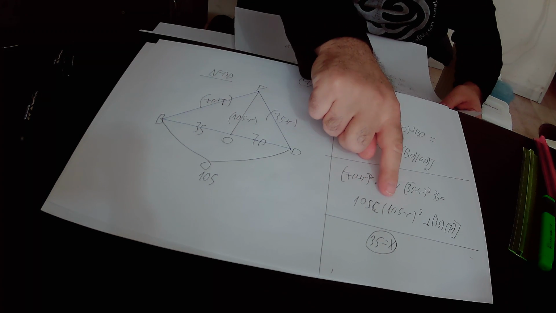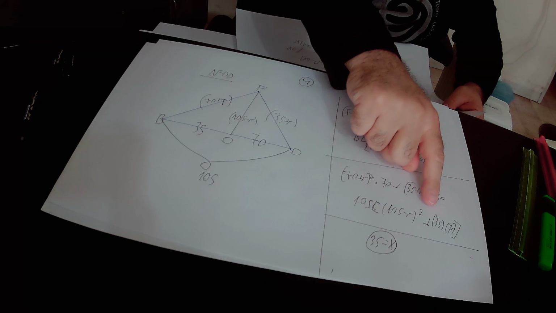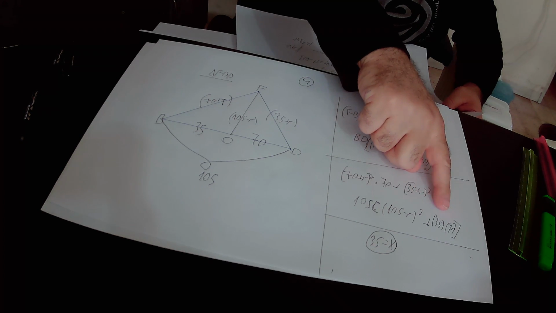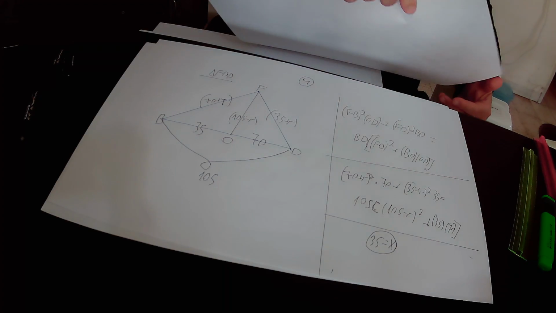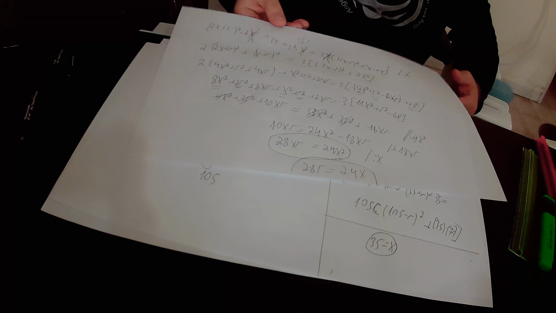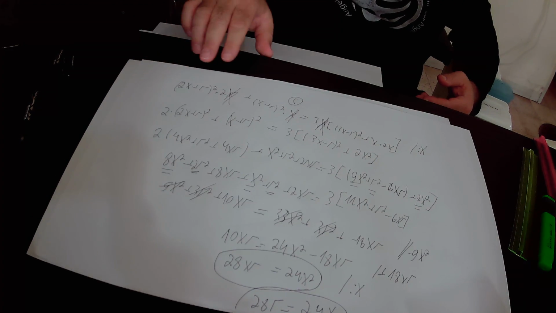Inside the brackets we have 105, that is 3x minus r square, plus 35 is x and 70 is 2x. So this expression in total equals x plus 2x, x times 2x. So in conclusion, we got this expression.